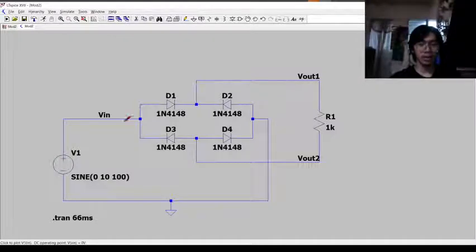So to reiterate, during the negative half cycle, the voltage flows from the negative side of the input terminal, goes down, goes up, flows to diode 2, goes up again, and it will flow on the same path, on the same side as it flows in the positive half cycle to the top side of R1, and it will flow right here again. And in order to complete the cycle, the voltage flow will go to diode 3 and goes back to the positive side of the input terminal.